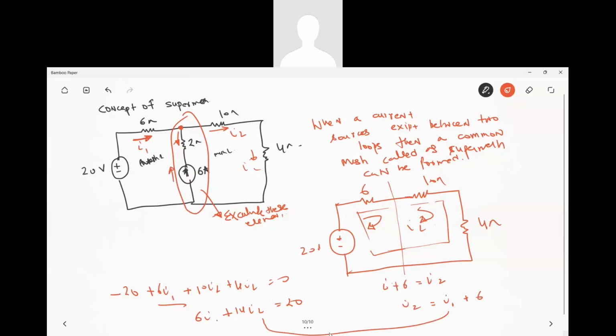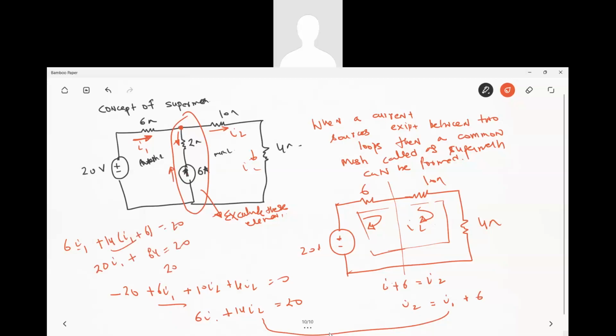And you substitute this equation back here for the value of I2. So it would be 6 I1 plus 14 times I1 plus 6 is equal to 20. So it will become 20 I1, since 6 I1 plus 14 I1, plus 14 into 6 is 84, is equal to 20.